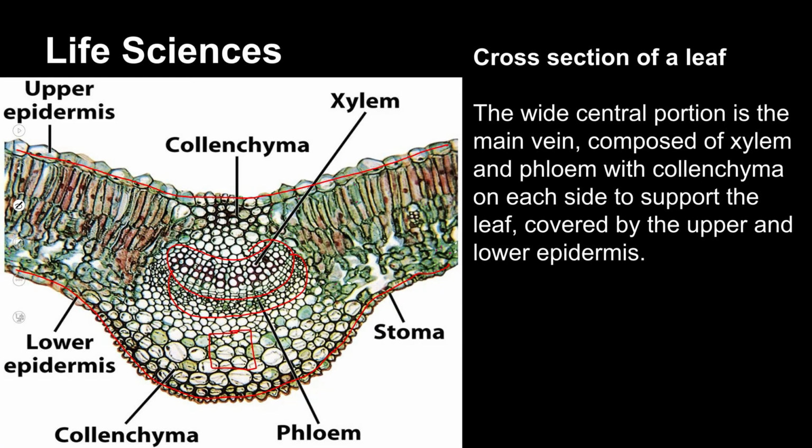So at the top of the vascular bundle and at the bottom of the vascular bundle, we have collenchyma, and that helps keep the leaf firm. You'll always find a bit of collenchyma around the vascular bundle. There's also a coating called a bundle sheath around the vascular bundle.